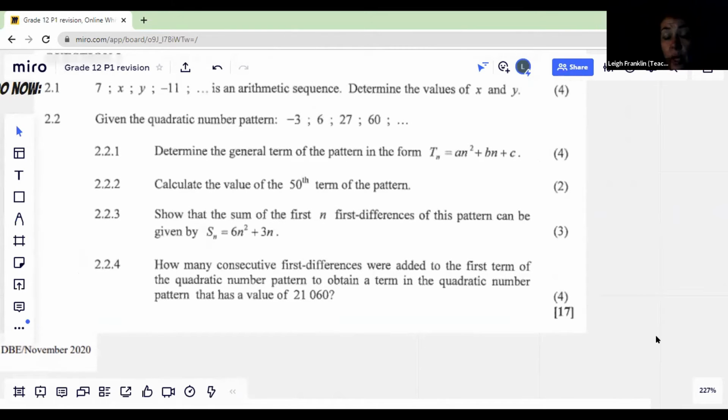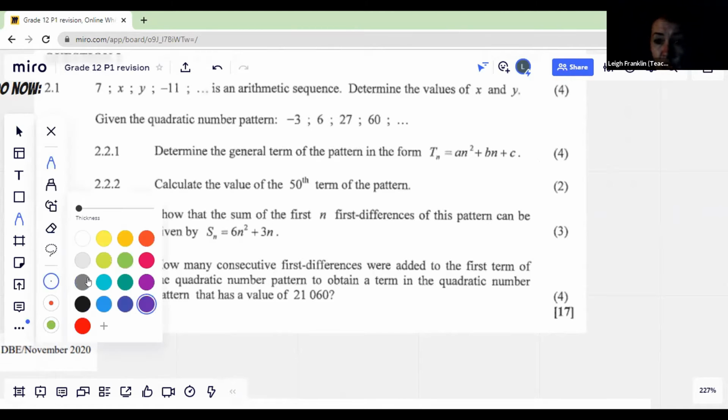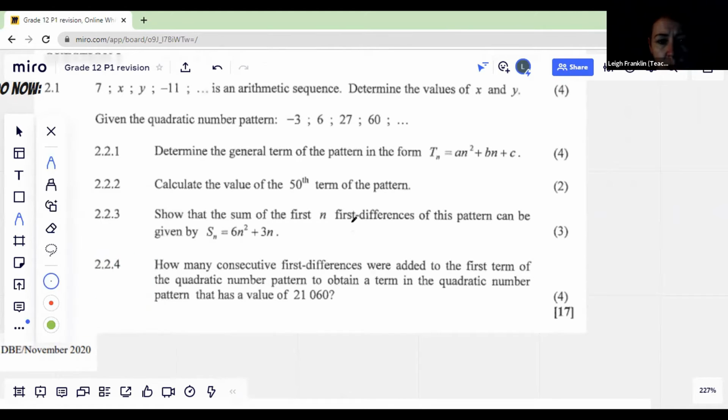Are we still working with the quadratic pattern? Another question is, when they talk about the first differences, what do they mean?